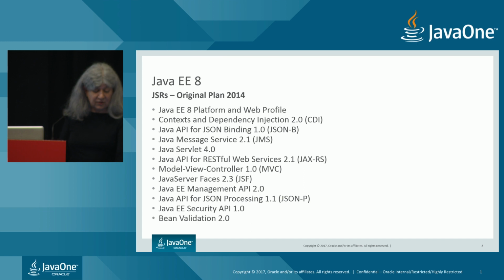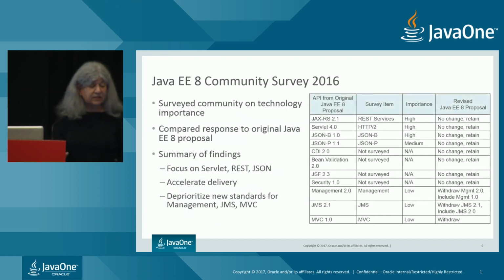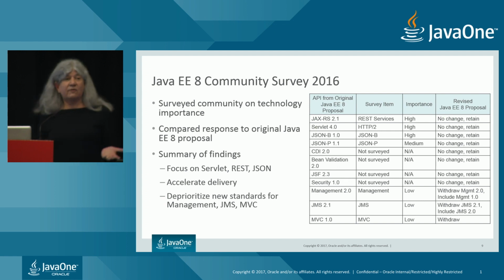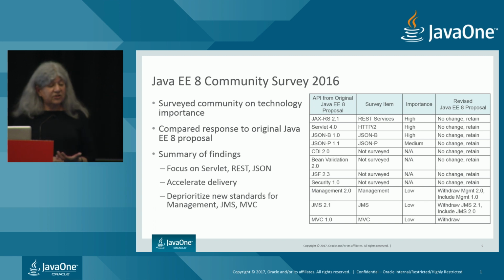So what we did was we conducted a community survey. The goals of this were to validate whether our intuitions for how we should refocus were really appropriate. Indeed, the survey did.